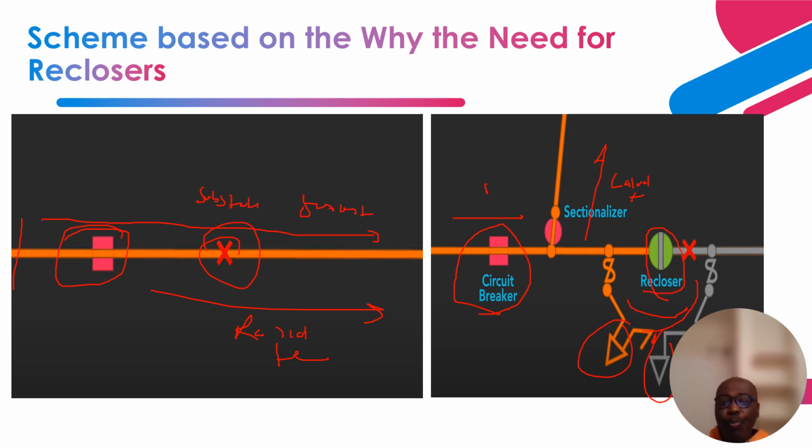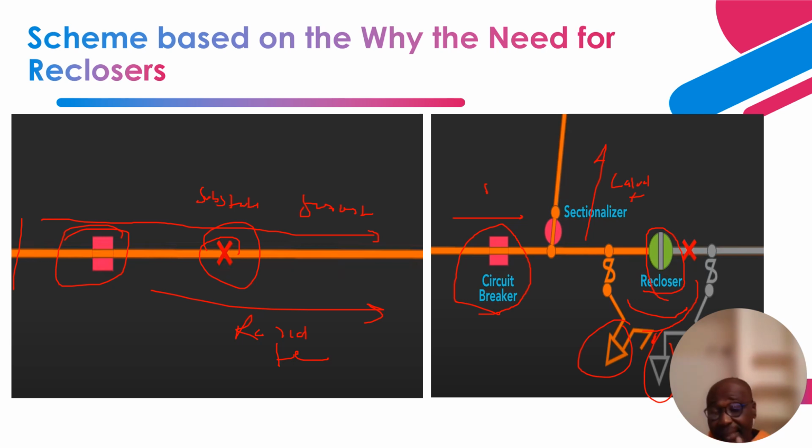So the goal is to reduce these indexes to ensure reliability of power supply to these customers, and also MAIFI, that is momentary average interruption frequency index. That is, how to mitigate the amount of momentary dips in power that customers are supposed to experience.